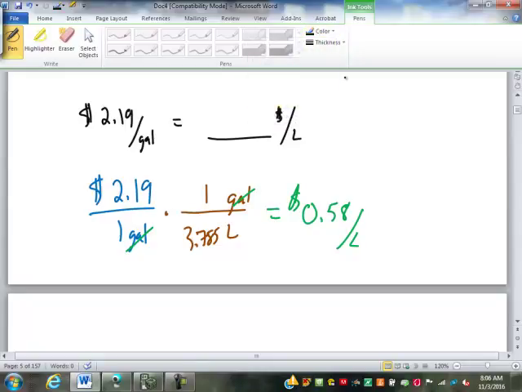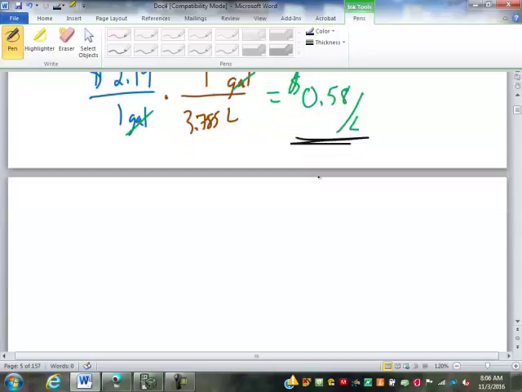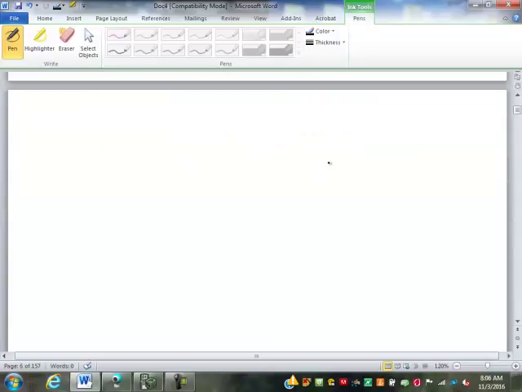So now, you'd mentioned not using this conversion factor in unity fraction, which is fine, and you do it however you want. But I'm going to show you some other advantages to using this. Do some simple ones for you.